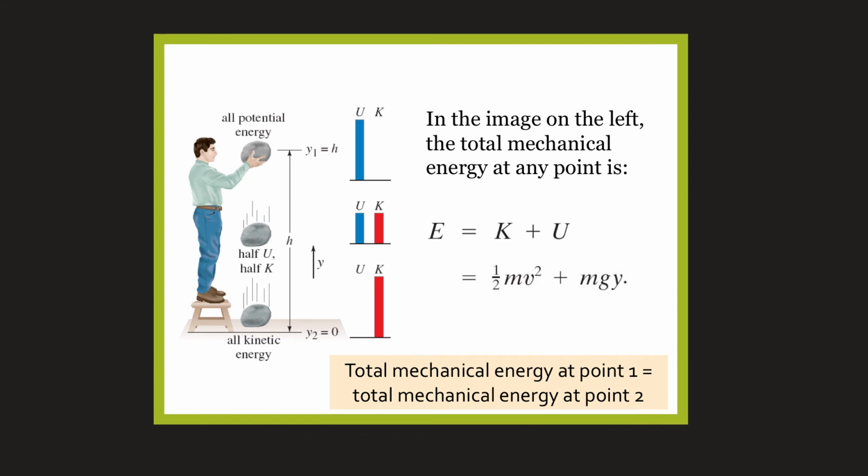So in the image on the left, the total mechanical energy at any point is going to be the sum of the kinetic and potential energy. So make sure that you choose your reference point. For example here, they choose the reference point at the ground, so your y final is going to be 0 over there.